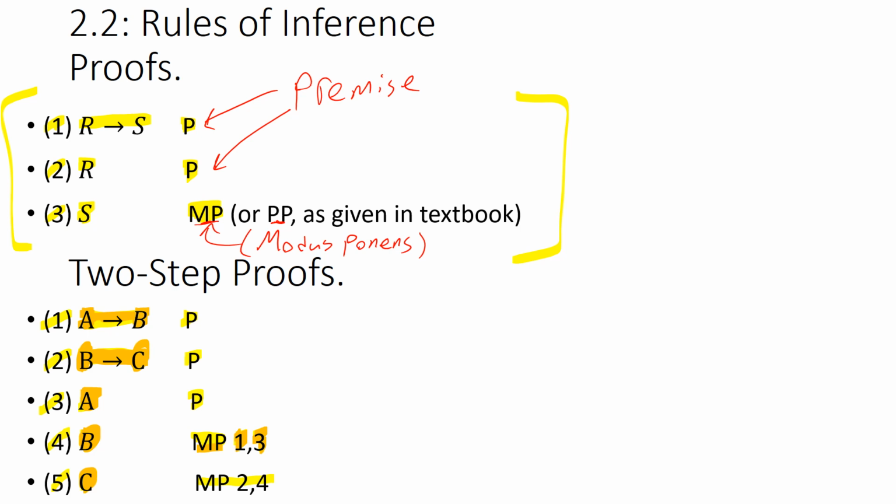We can derive C. The point is, in a proof, we always list our sentences, we number them in ascending order. We also have to justify each and every sentence. It could be a premise, or we might have derived it through some inference. And if it's an inference, we have to say what specific sentences we used in that inference.